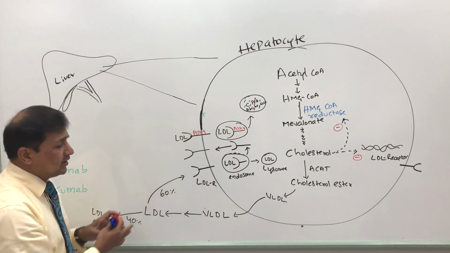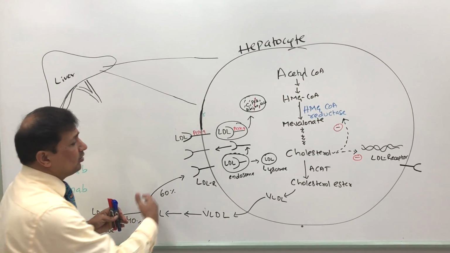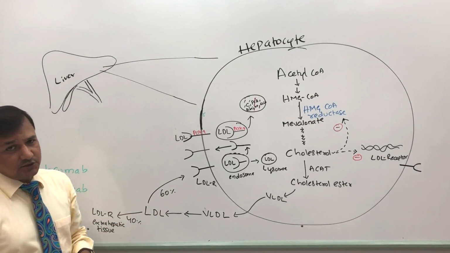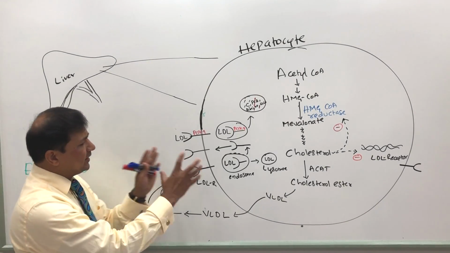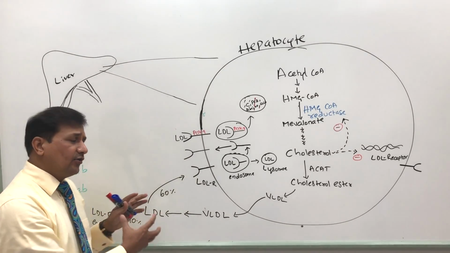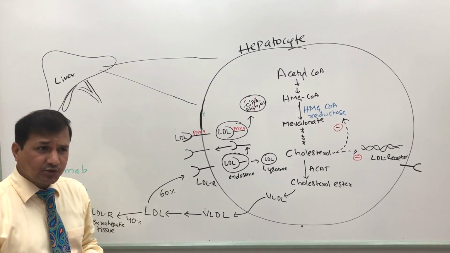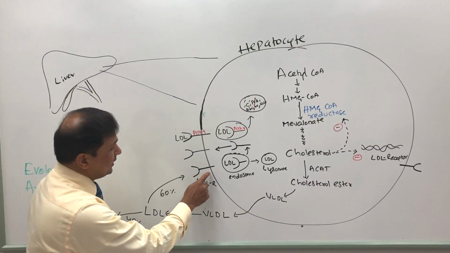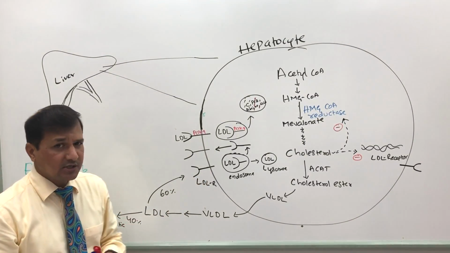Now, 60% of circulating LDL goes back to the liver, and 40% is taken up by extrahepatic tissues. How does LDL go back to the liver and into extrahepatic tissue? To get into the cell, LDL has to bind to the LDL receptor expressed on the cell membrane.